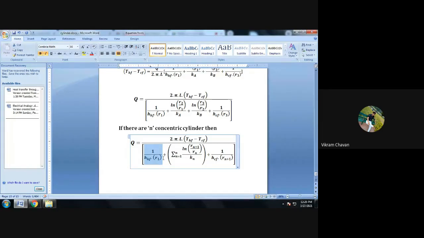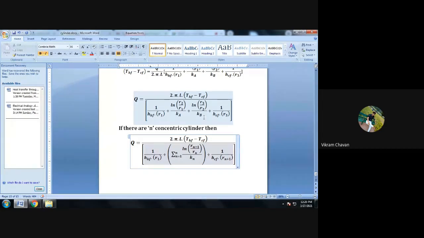Plus, now for two concentric cylinders, we have taken the addition of two terms, that is ln of r2 divided by r1 divided by k suffix a plus ln of r3 divided by r2 divided by k suffix b.